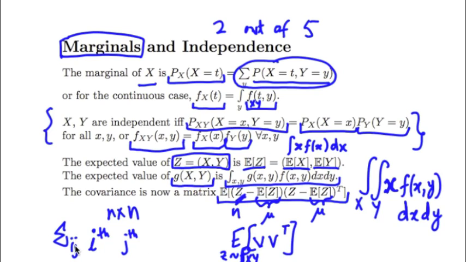If the ith and the jth were independent, then you would actually have a value of 0 there. If they were not independent, you wouldn't have a value of 0 there. So for all i and j, how do they covary? That's why it's called a covariance matrix.